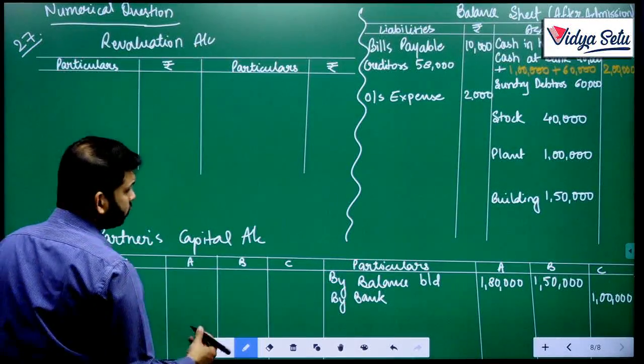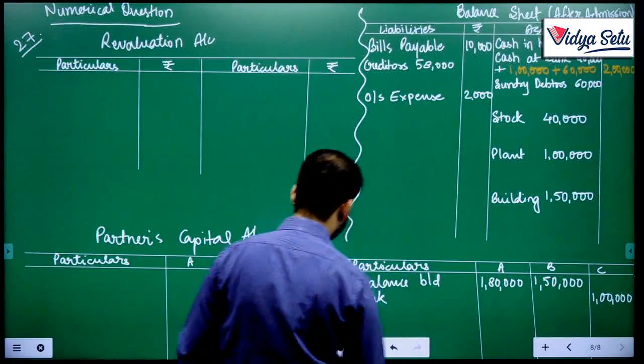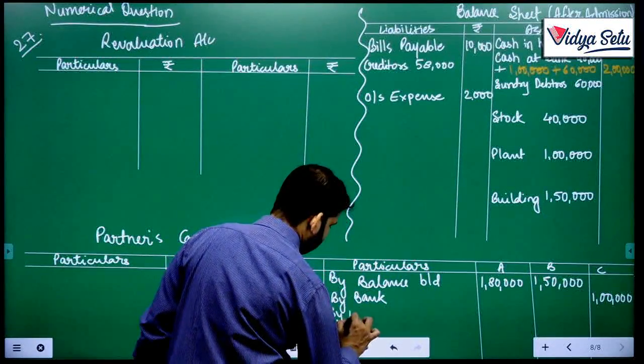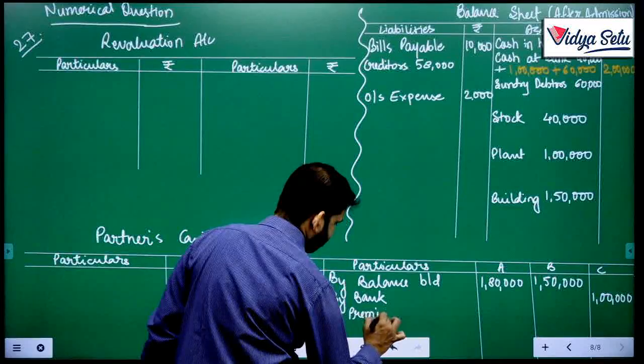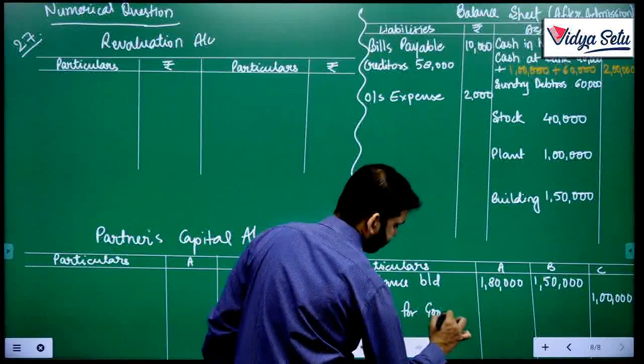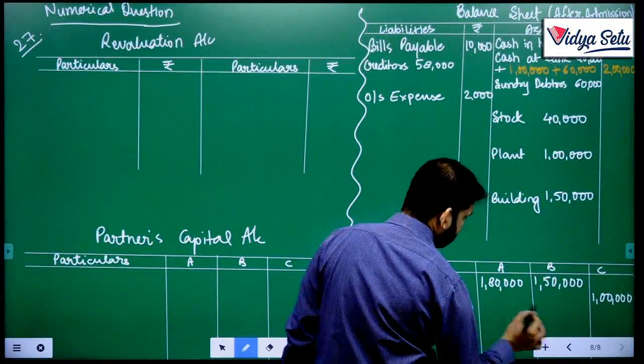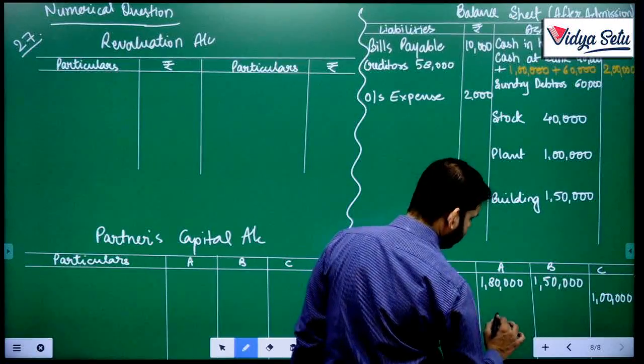So we know the sacrificing ratio is the old ratio. So this is 60,000 premium for goodwill. This 60,000 will go in 40 and 20.